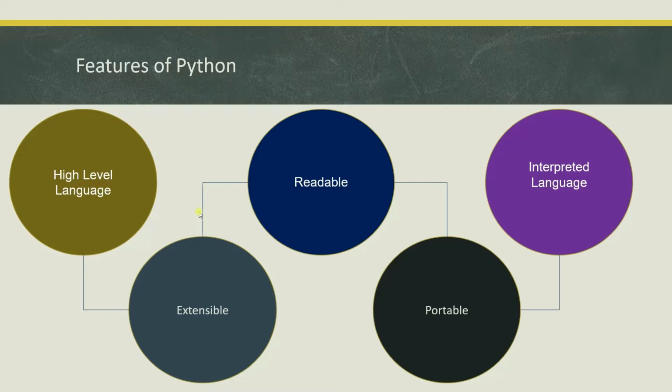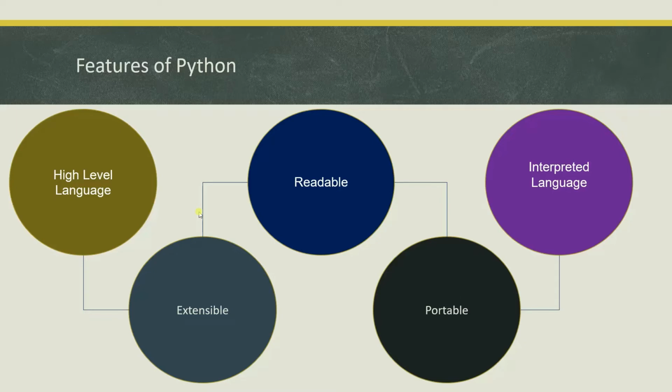It is an interpreted language. A language is called interpreted when the code is executed line by line. When you write an instruction and you get the output of that instruction at that time, then the code is called interpreted.